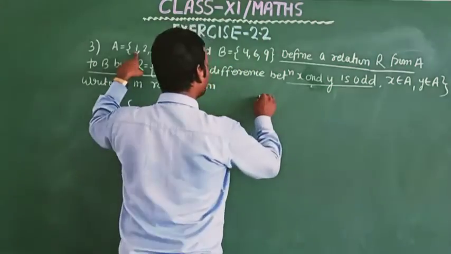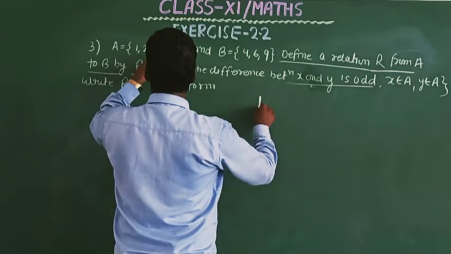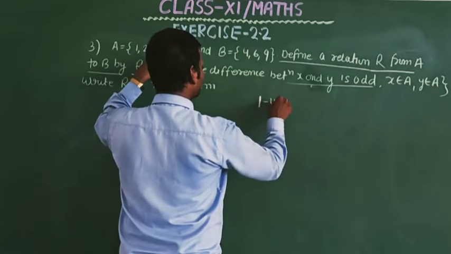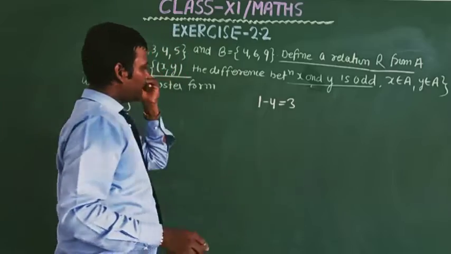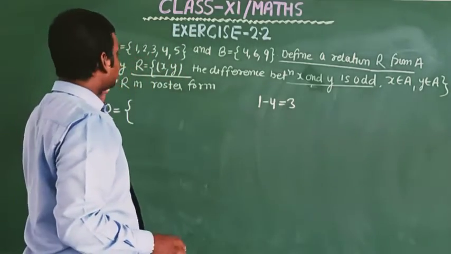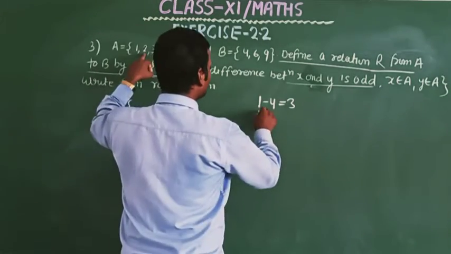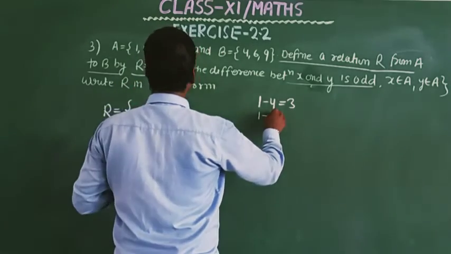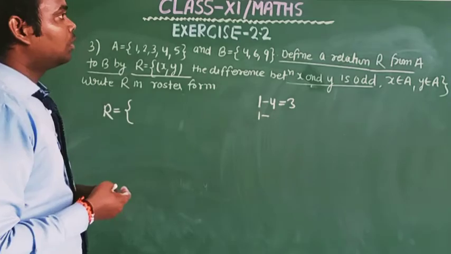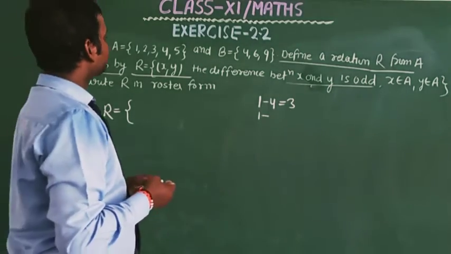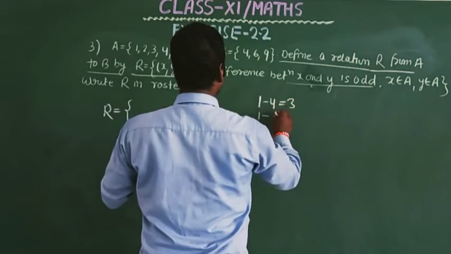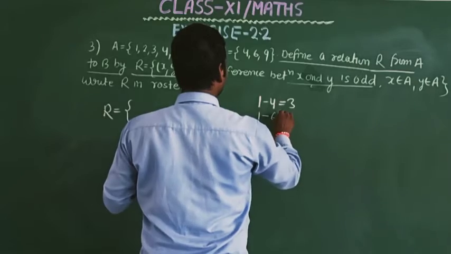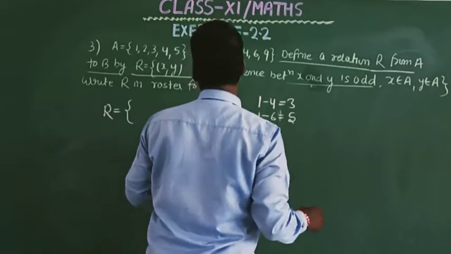Taking 1 with 4: 1 minus 4 equal to 3, this is odd. And 1 with 6: 1 with 6 equal to 5.